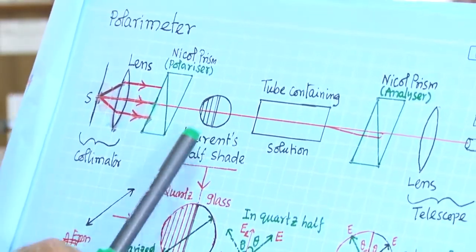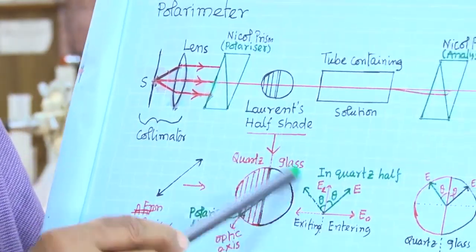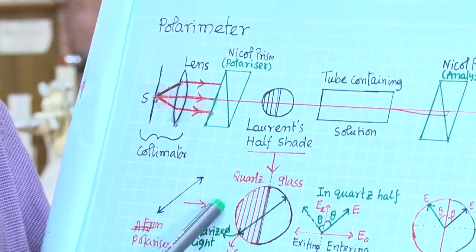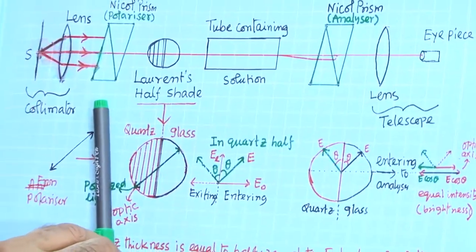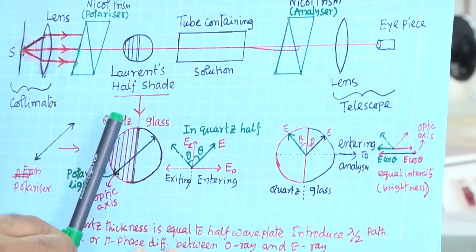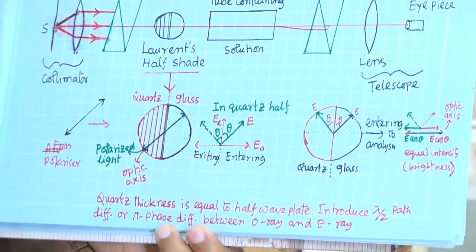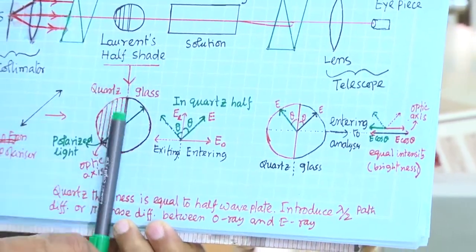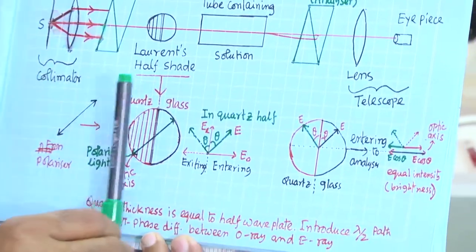Now, what is the Lorentz half shade? It is basically a half of this circle. Half of the circle, or semicircle, is made of quartz. Quartz and calcite are uniaxial crystals and have an optics axis, which is cut parallel to the surface.